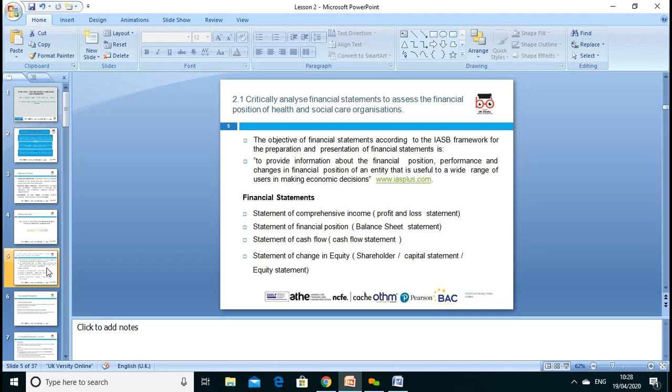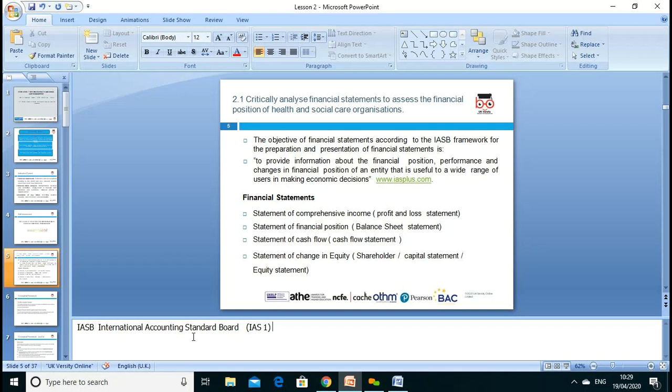Okay, we'll go through now how to critically analyze the financial statement. I mentioned the types of statements, now the objective of the financial statement under the IASB, the International Accounting Standards Board. This is the regulator. IASB stands for International Accounting Standards Board, which sets the standards, and financial statements are prepared under IAS 1, which is called International Accounting Standard 1.